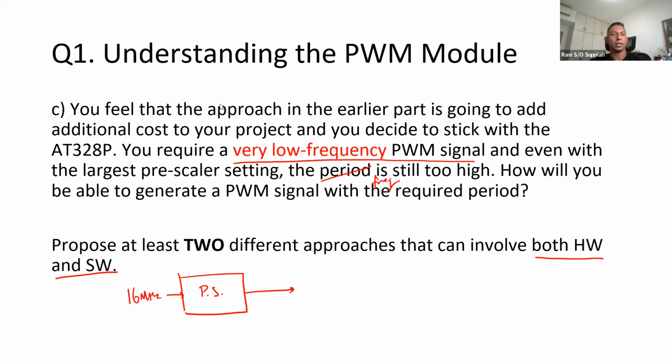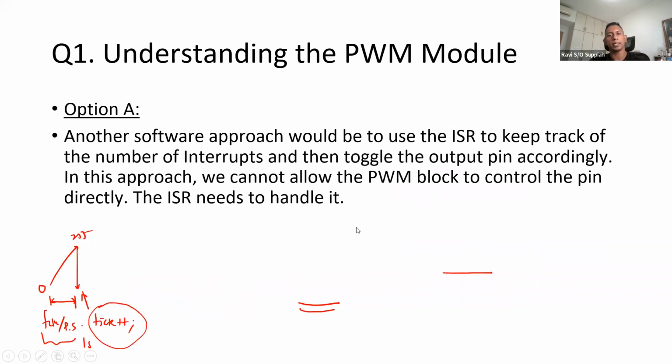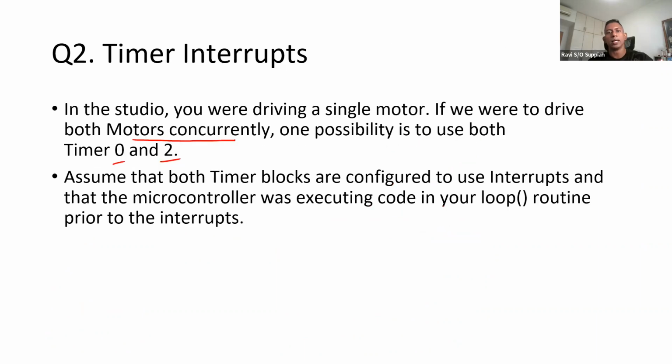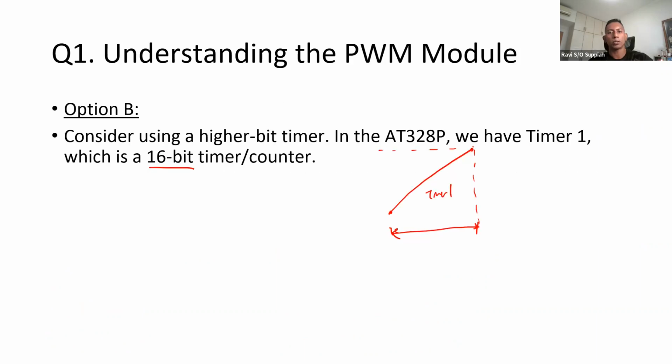So the first idea that we talked about is to use software, because we are using the built-in timer block, and within the ISR we keep track of the number of interrupts that happen to know that we have hit the desired delay. That is the software approach, and then the hardware approach.